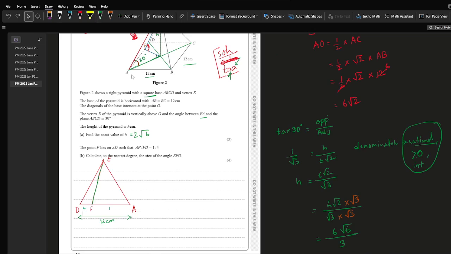Now what we have to find is this. And let's look at the base, which is a square.